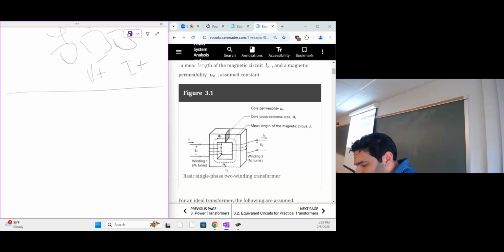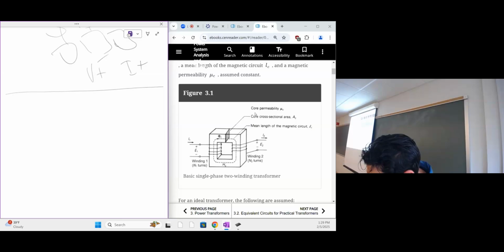And then from the other side, you see a generated voltage actually coming out, which is E2. And a current will start to traverse through the loop, which is I2, which is going out of the circuit. Okay?